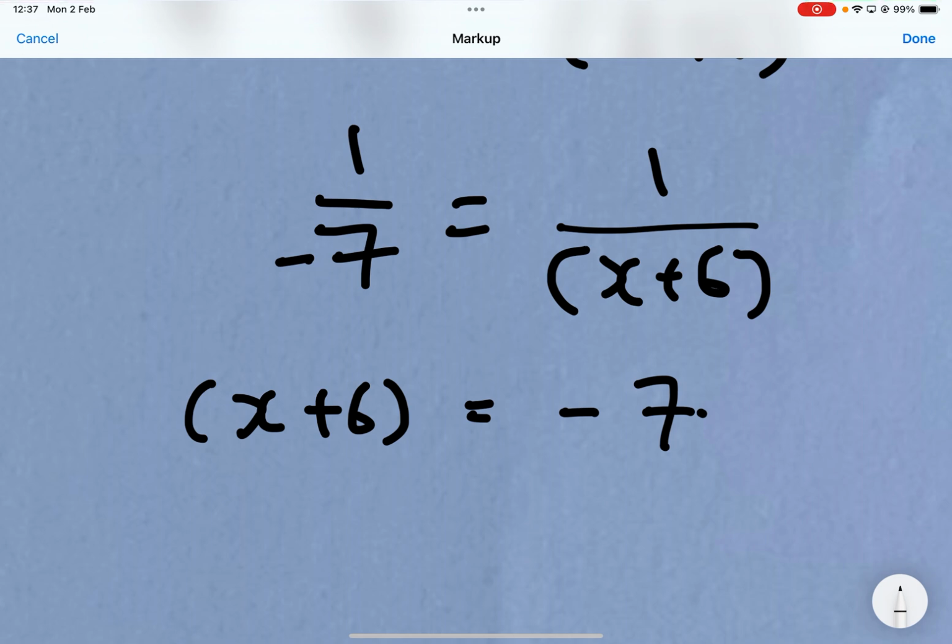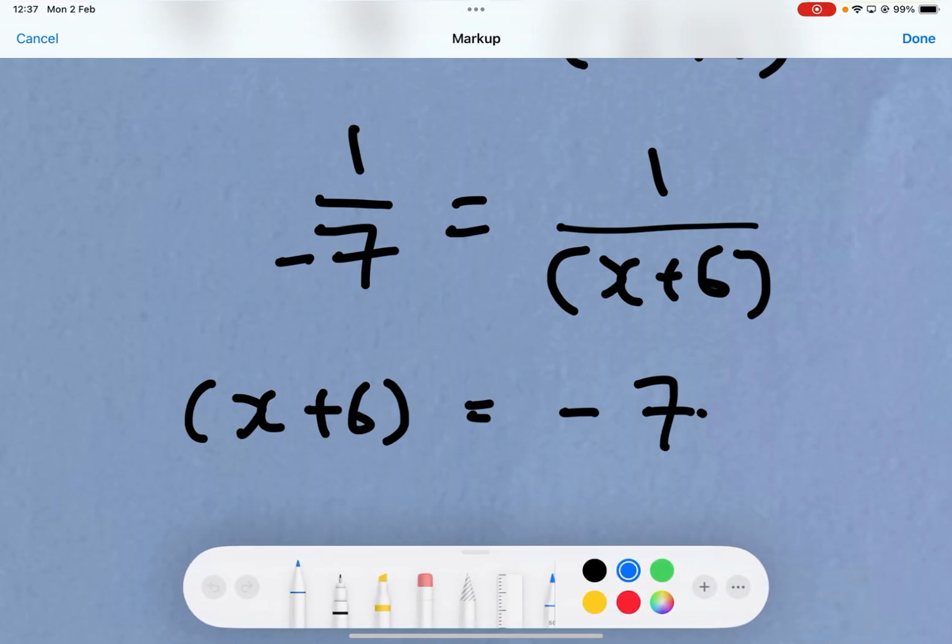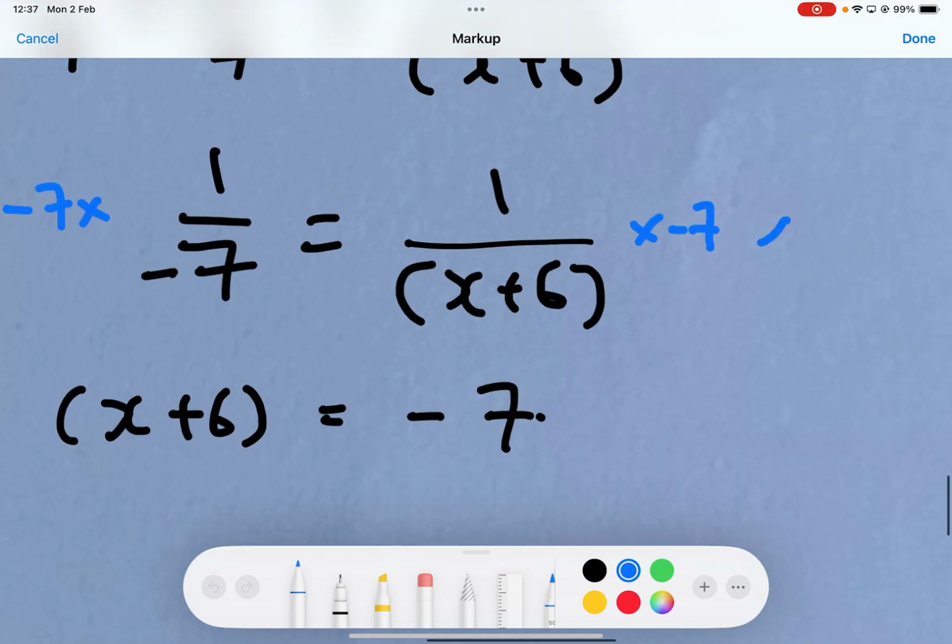I multiply negative 7 to cancel away the negative 7. Then when I multiply negative 7, I need to multiply negative 7 to the right also. At the same time, I also multiply this bracket.